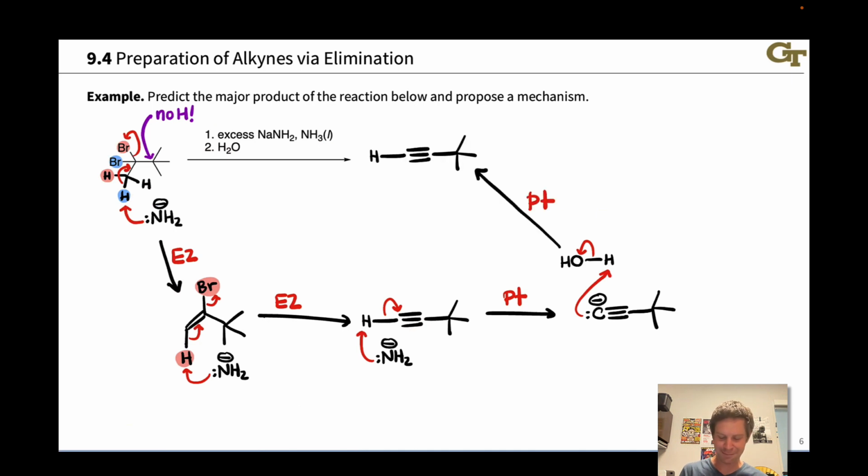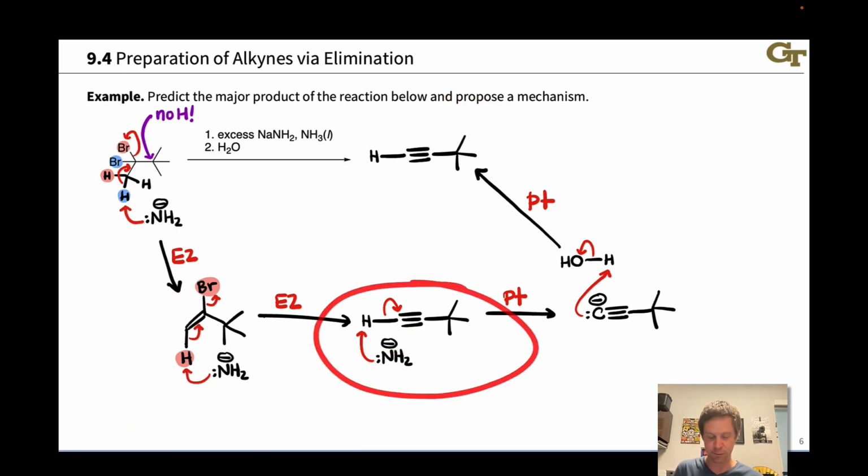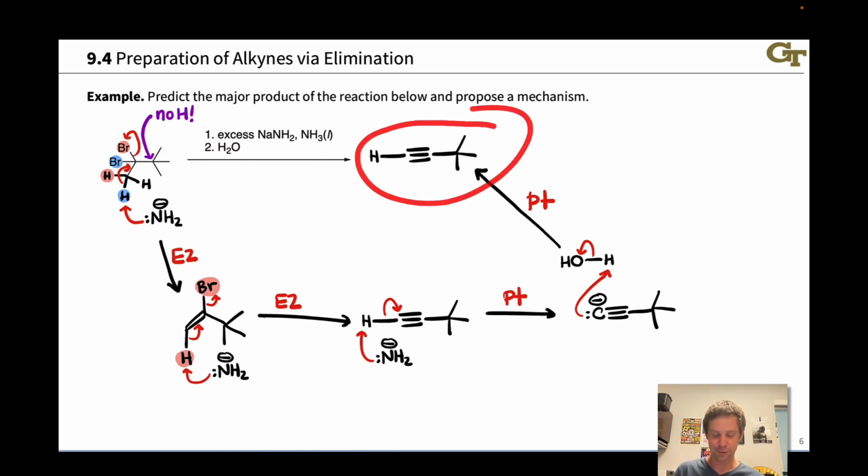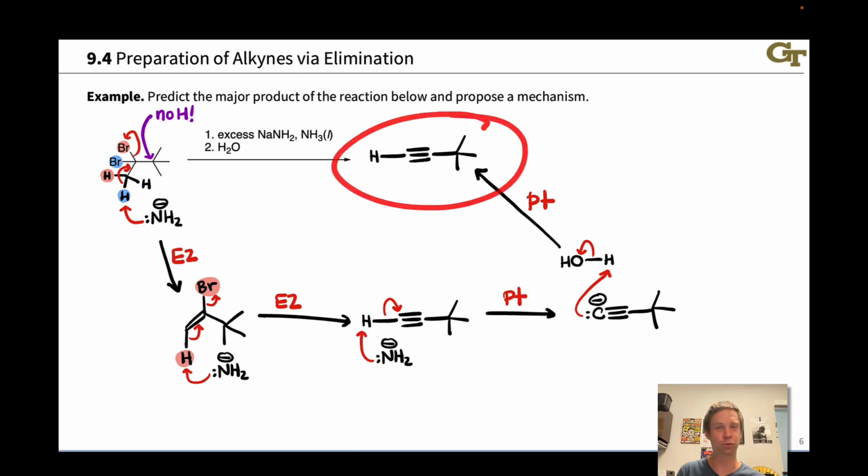So while we end up back at the same terminal alkyne that we generated here, it's important to keep in mind that the base is going to deprotonate this under the reaction conditions in step 1. We need to add the water if we want to recover the neutral alkyne. If we didn't add the water, then we would potentially wash away or lose our alkyne as a sodium acetylide salt, when what we want is the neutral organic compound, not an ionic compound.